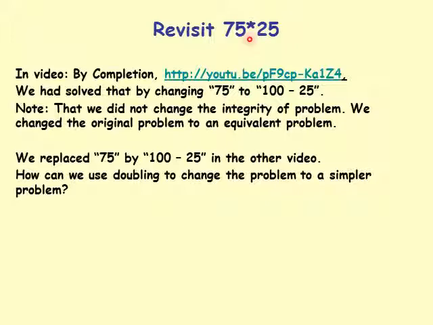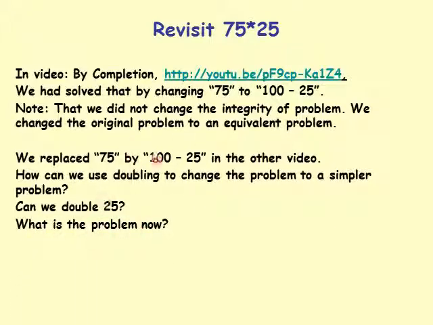Now we will work on the other multiplier, 25. How can we use doubling to change the problem to a simpler problem? The problem is a little harder here, 75 times 25, but we want to make it simpler. Can we double 25? We're doing doubling. Sure, we can. Okay, let's double it.